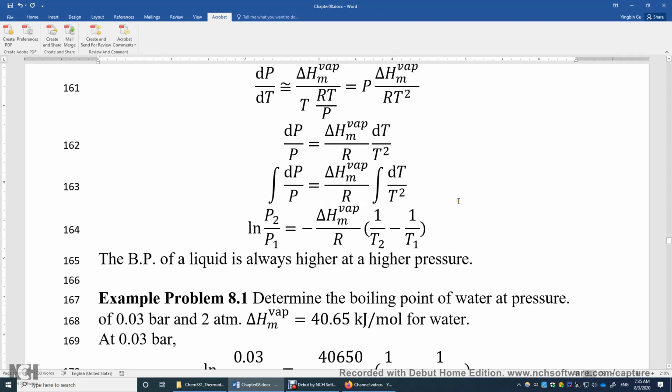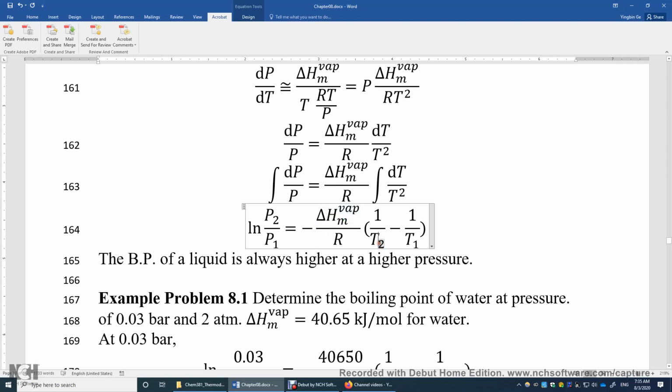But if we can assume the enthalpy of vaporization is a constant, and in most cases we can, then we can integrate both sides, and we get the logarithm of P2 over P1 is equal to negative enthalpy of vaporization over R times 1 over T2 minus 1 over T1. So the boiling point of a liquid is always higher at a higher pressure.